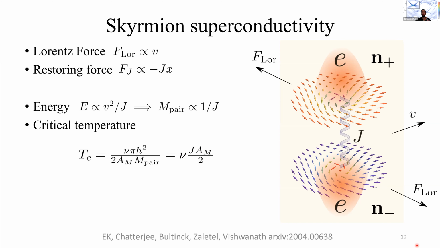Eslam, can I ask a quick question? Yeah. If I were to think of these skyrmions, can I think of them as states that are occupied by one electron? Do they have other occupancy states, or is it always that they don't exist unless they have a single electron in them?